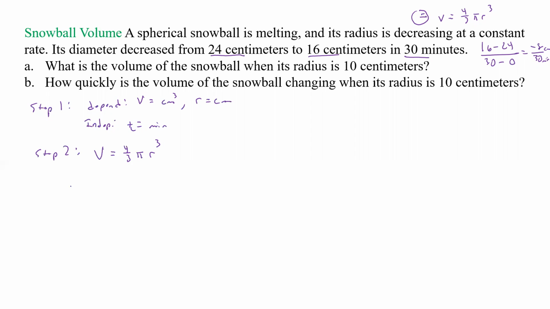All right. Now, what do we do? Well, now we can do part A because we have our equation. Part A says we need V of 10. Well, that's 4/3 pi times 10 to the third. If I plug that into my calculator real quick, 4 divided by 3 times pi times 10 to the third, that gives us 4188.790205.